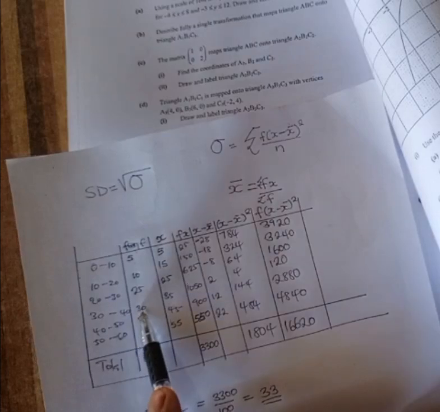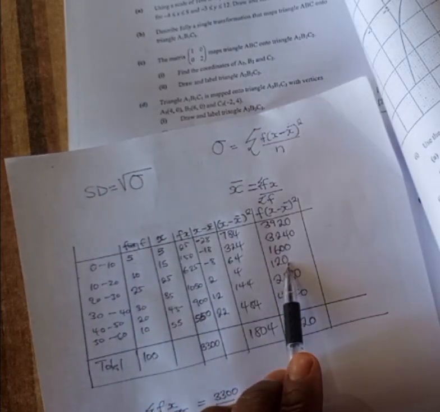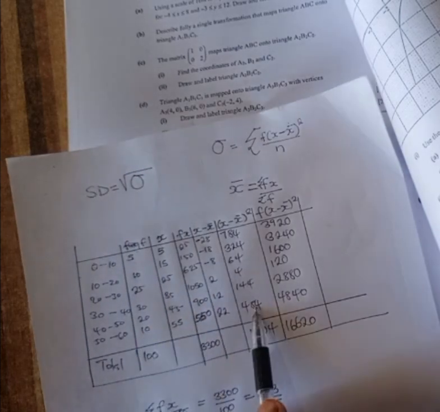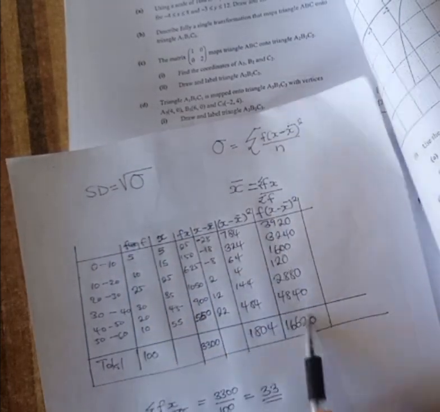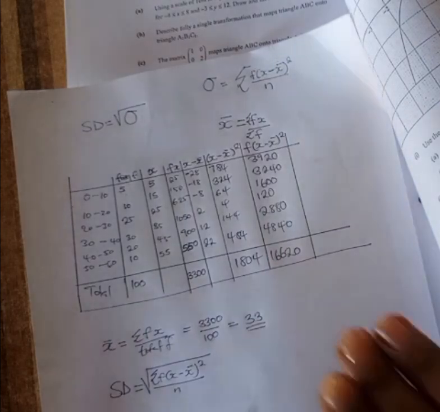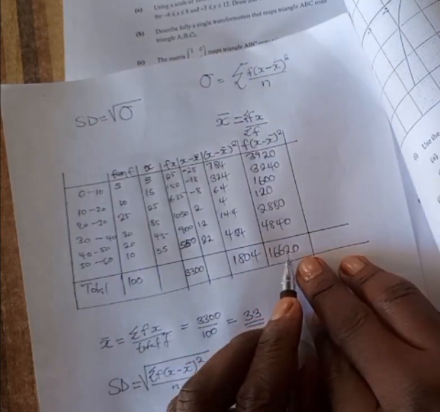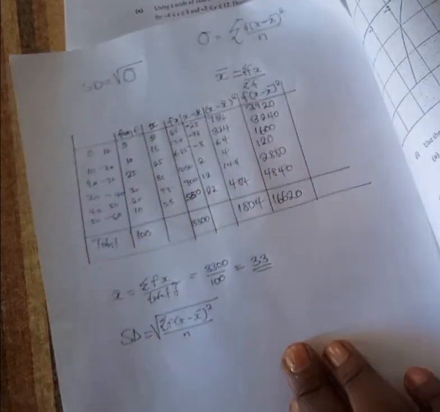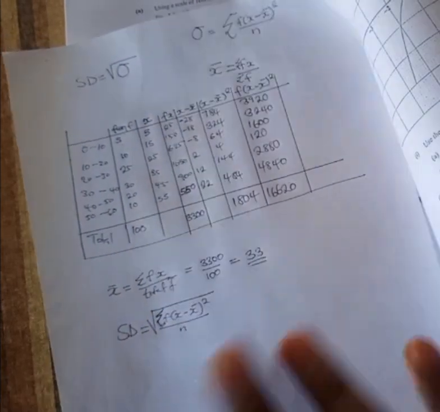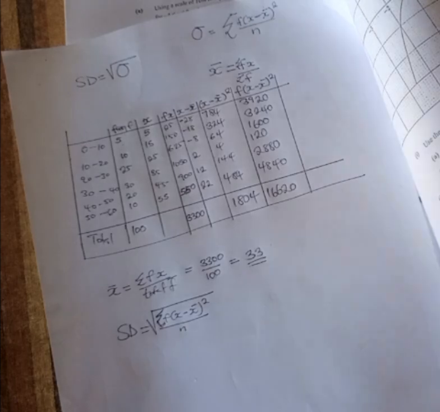Then we had 30 by 4, 20 by this, and 10 by this. And when we add the total, this is what we have. This adding is the same as the summation symbol, which means summing up, adding. So this means that we have cleared everything.